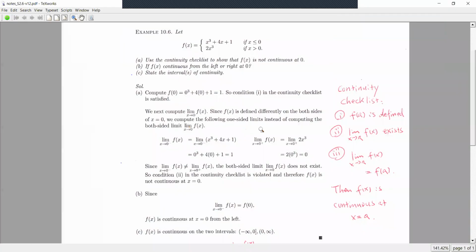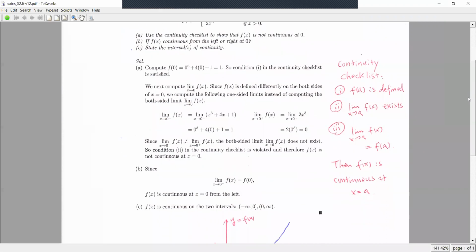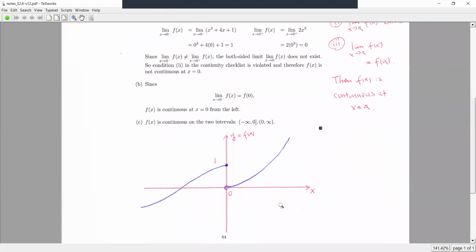Based on the information in part a, we can roughly sketch the graph of this function. At x is 0, the function value is 1. So there is a solid point here. When x approaches 0 from the left side, the function approaches 1.